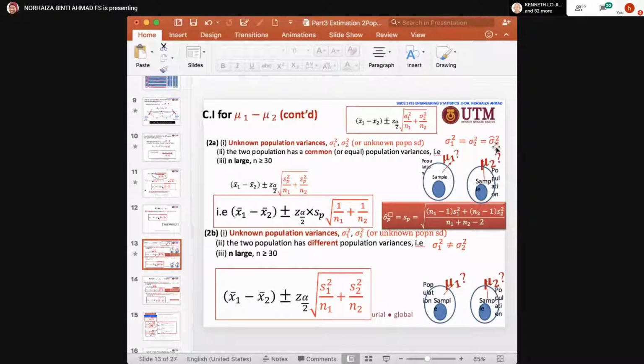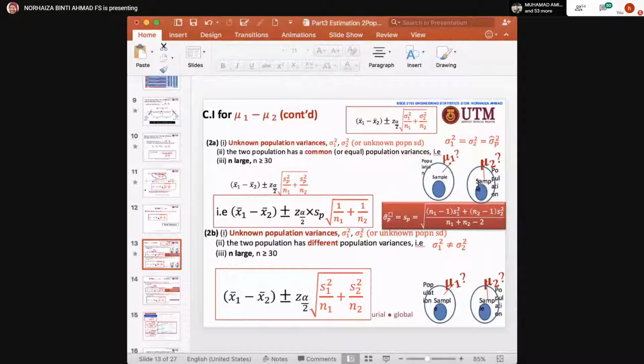For example, let's say you want to investigate the marks for students from the faculty of engineering, and here you've got students from the faculty of science. So you're viewing these as two populations.